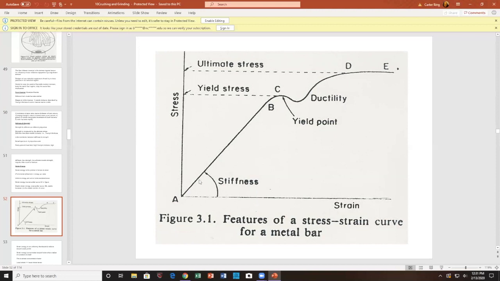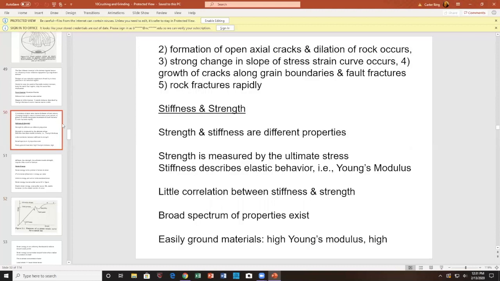Then you throw in flaw distributions in here, and I will change this. It's sort of like football where the field is open and the runner is scoring a touchdown. You've got all kinds of things floating around out there. Growth of cracks along grain boundaries and fault fractures, and the rock fractures rapidly.